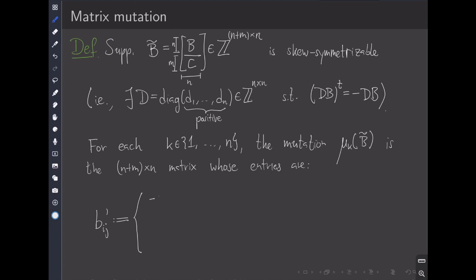So it's minus b ij if i is equal to k or j is equal to k. And otherwise, it is b ij plus b ik absolute value of b kj, plus absolute value of b ik times b kj, and this divided by 2.